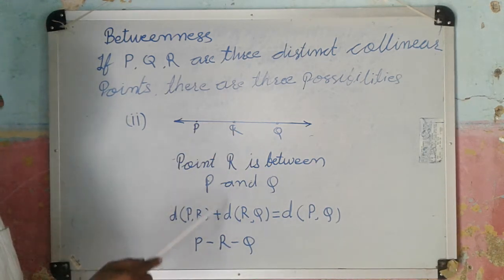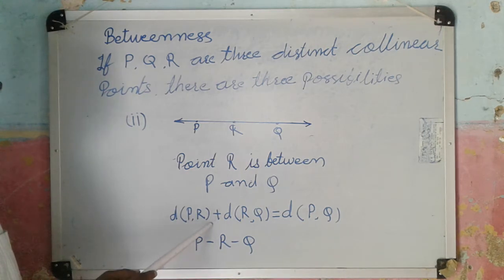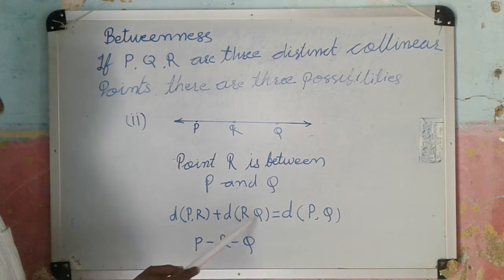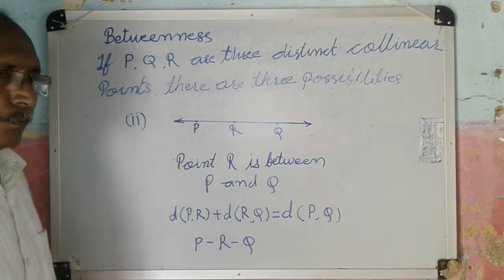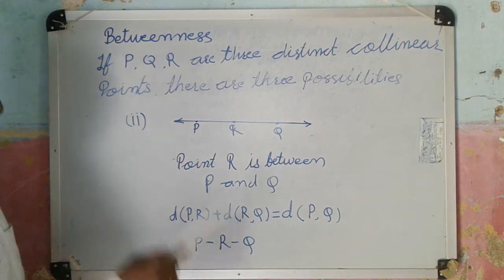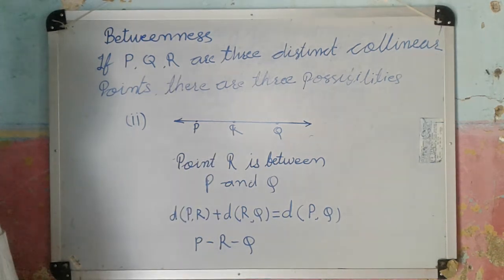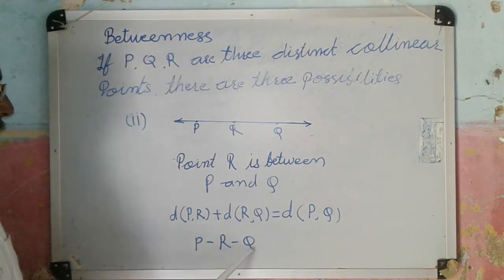And you can write that relation like this: distance of PR plus distance of RQ is equal to distance of PQ. And this betweenness can be shown by the symbol P-R-Q.